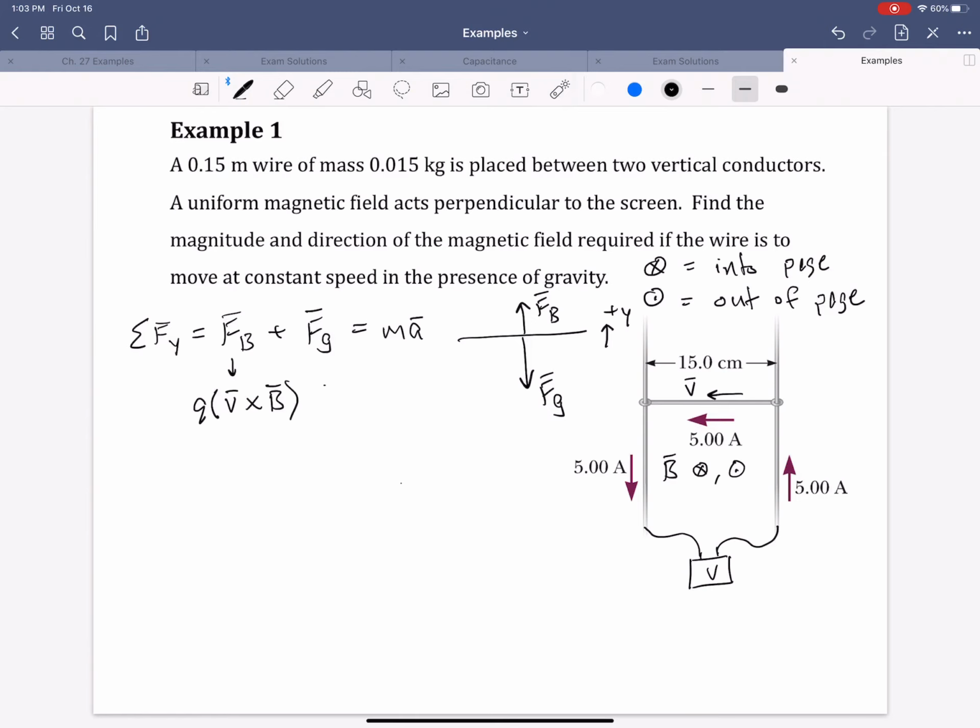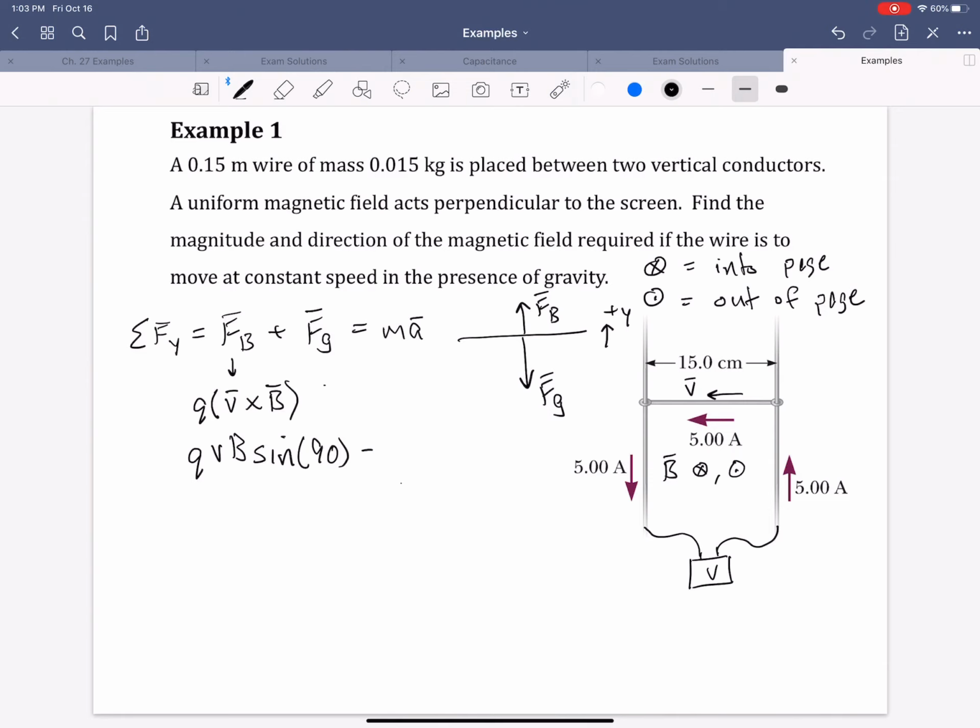The problem tells us that the magnetic field is perpendicular to the screen. So that means that V is perpendicular to into the page or out of the page. And so the angle is 90. And so when evaluating the magnitude of this cross product, QVB times sine of the angle between V and B, that's 90.